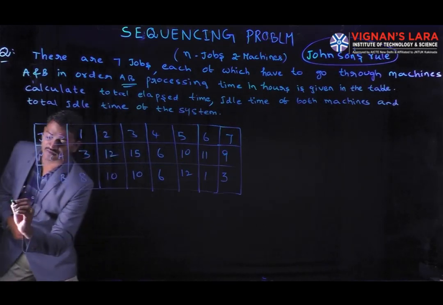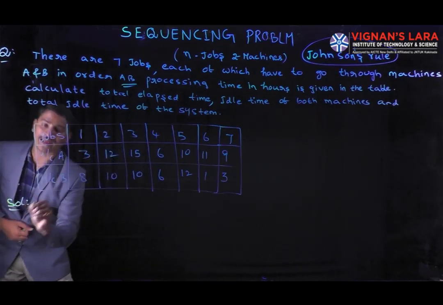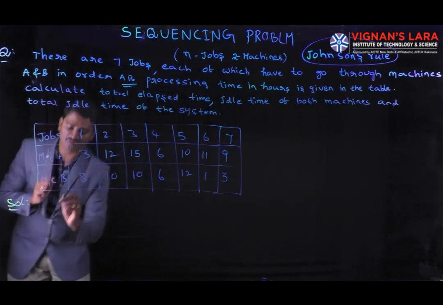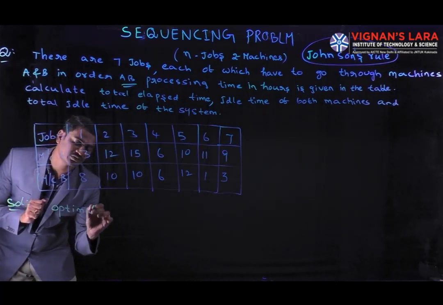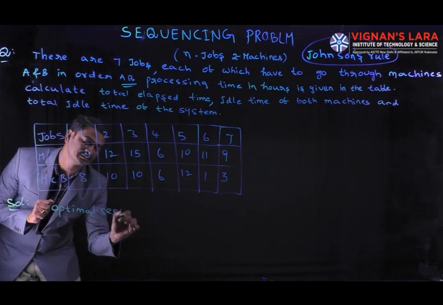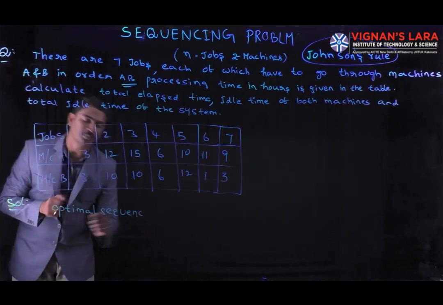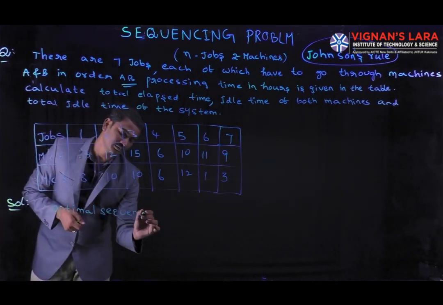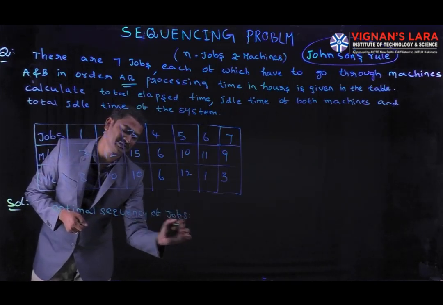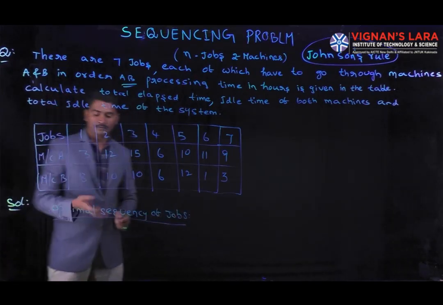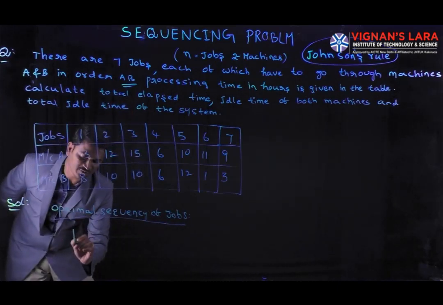Coming to the solution, in the first step we have to calculate the optimal sequencing of jobs. How many jobs do we have?